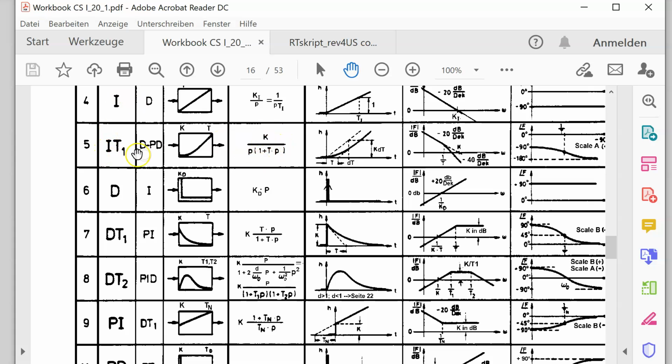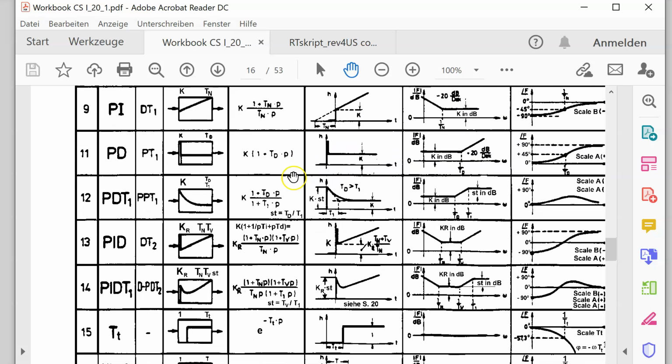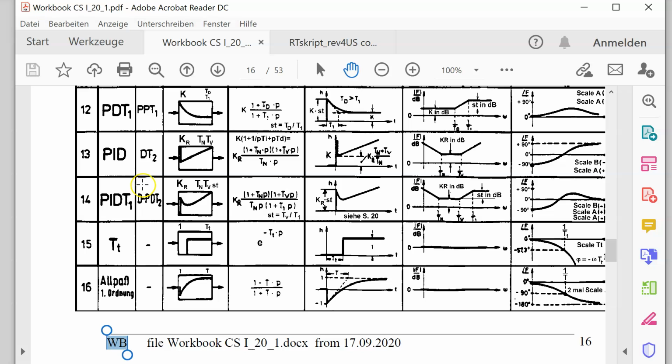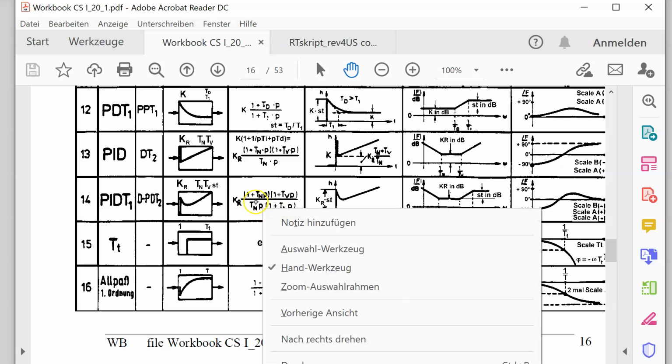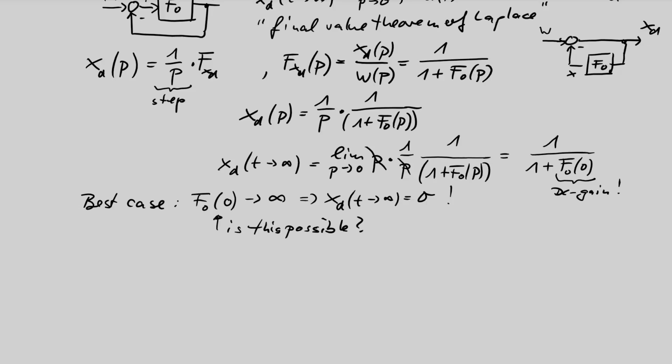So here in IT1, DC gain infinity; PI, DC gain infinity; PID, DC gain infinity; PIDT1, DC gain infinity. So in any case where the name of your controller has an I, you have exactly this case, and this is proven.